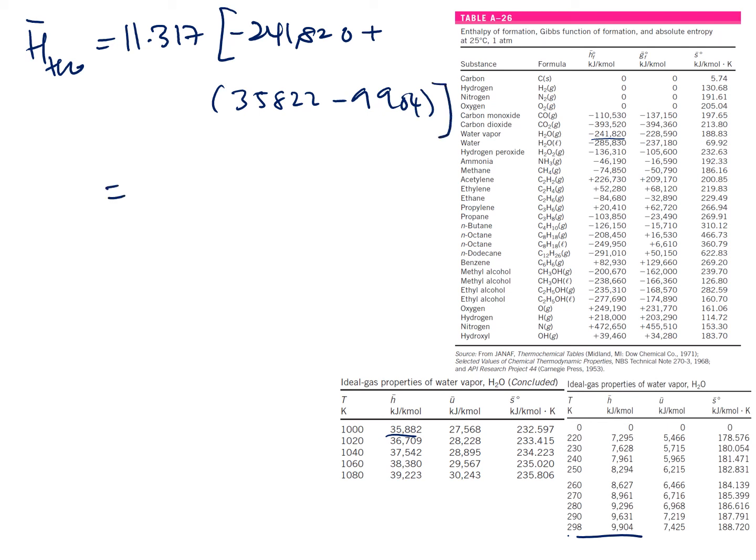Okey, ni baru betul. Berapa tu? Negatif 2443, 362.9 kilojoule per kilomol. Okey, tambah semua.